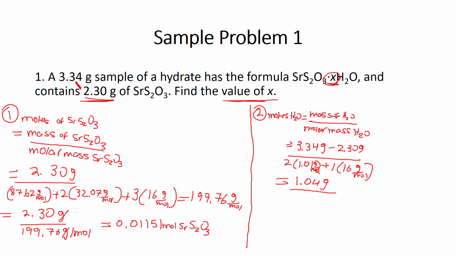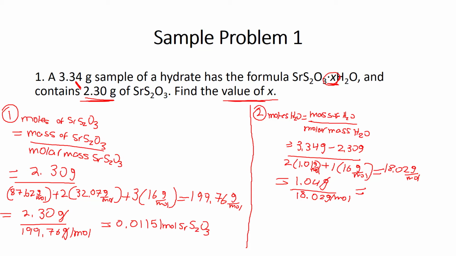And once you add up the molar mass, 2 times 1.01 grams per mole plus 1 times 16 grams per mole, that gives you 18.02 grams per mole.